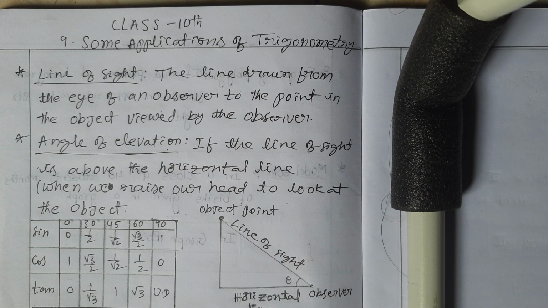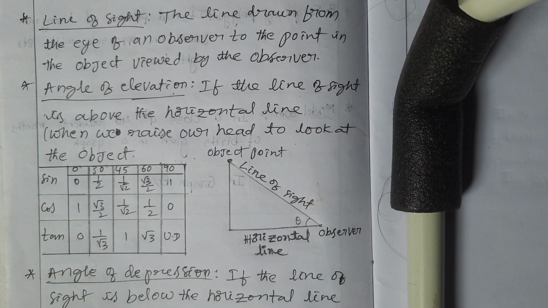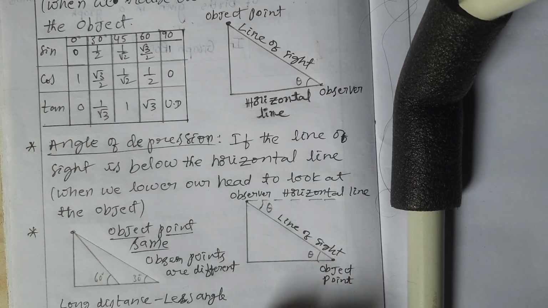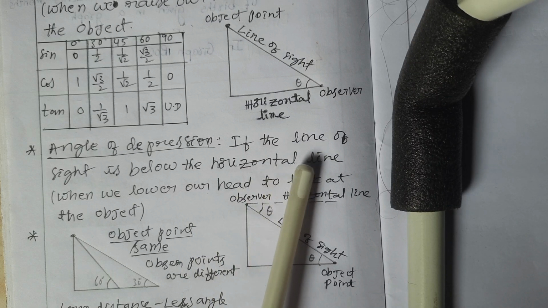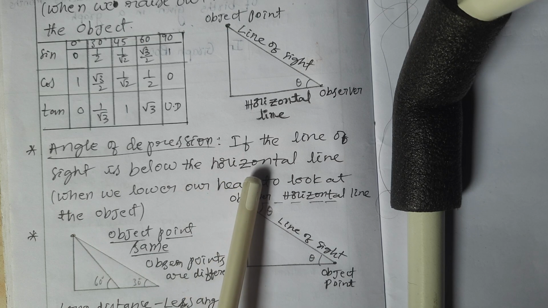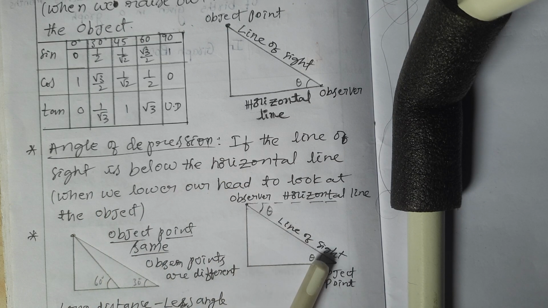Now angle of depression. I shall discuss angle values later, because the main important point here is angle of depression. If the line of sight is below the horizontal line, this is the line of sight.